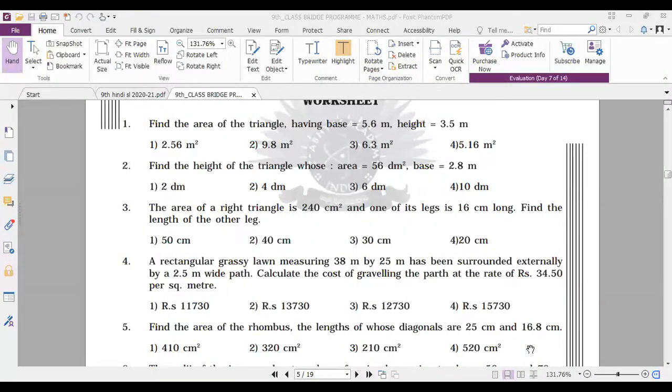In the fourth question: a rectangular grassy lawn measuring 38 meters by 25 meters has been surrounded externally by a 2.5 meters wide path. Calculate the cost of graveling the path at the rate of rupees 34 rupees 50 paisa per meter square.